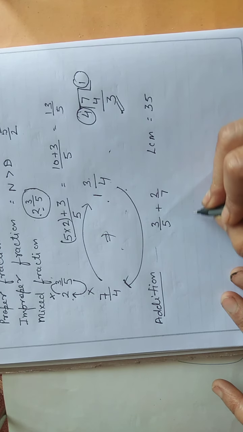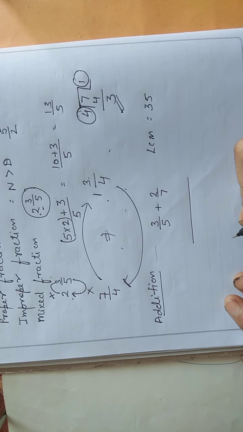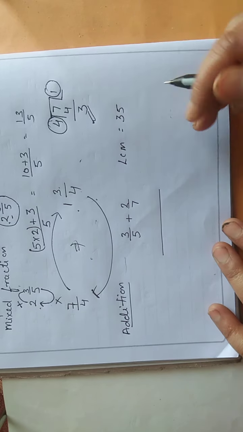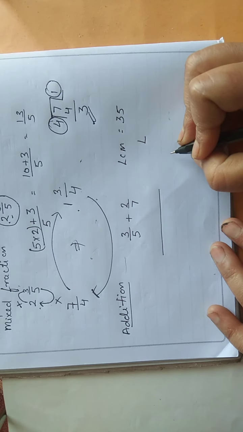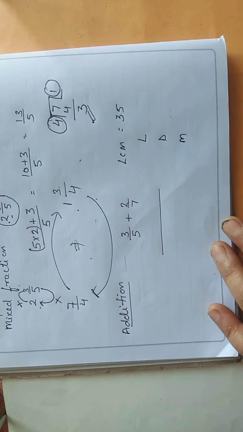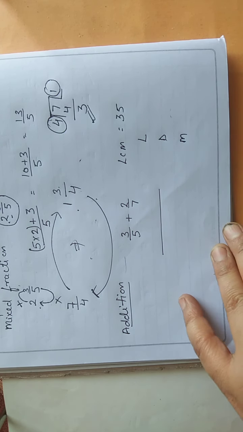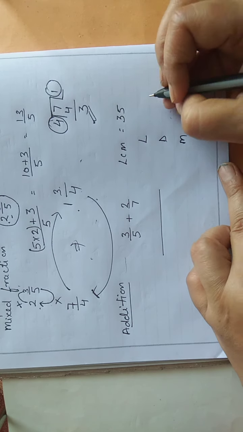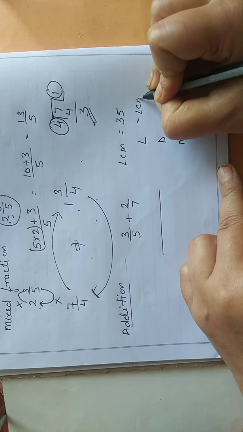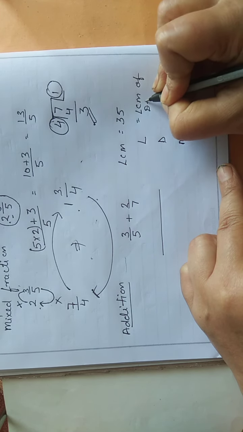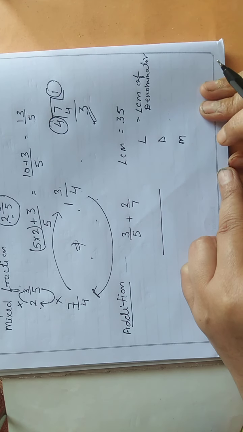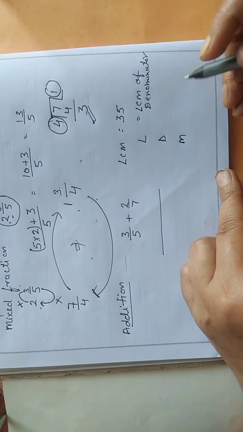Now, how to take the LCM and add it? For that I will tell you the easiest way. We can use the term LDM. It is different from LCM. It is not LCM, it is LDM, where L means LCM of denominator.